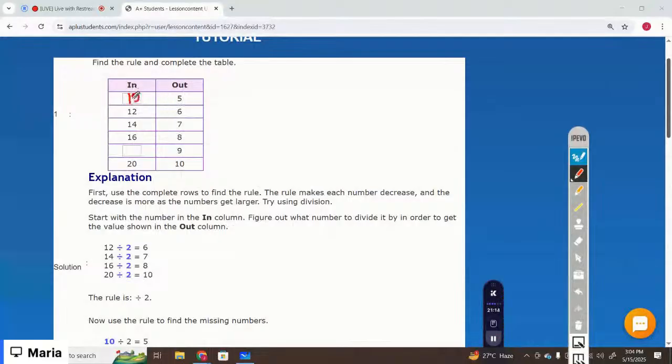That is 10 and 5, 18 and 9. Let's start with the test questions.